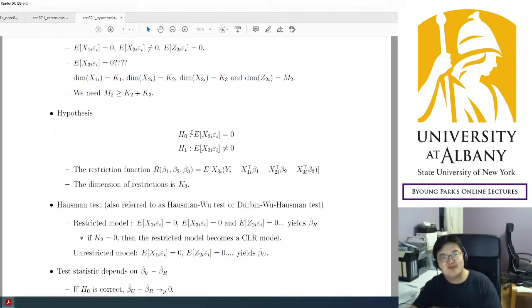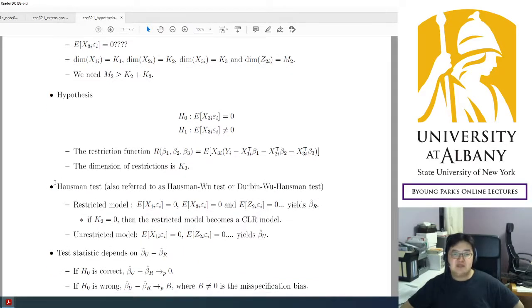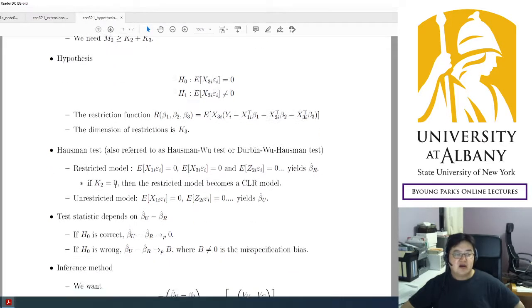So in the end, we know that the test statistic will converge to a chi-square distribution with k3 degrees of freedom. And in this case, the most commonly used test is the Hausman test, depending on textbooks called the Hausman-Wu test or Durbin-Wu-Hausman test.